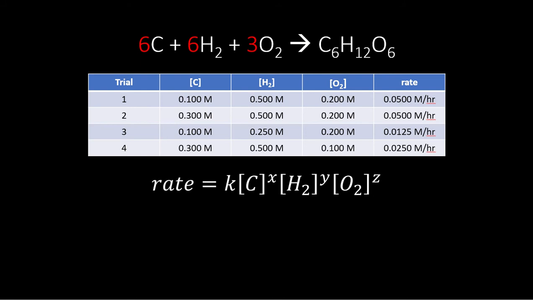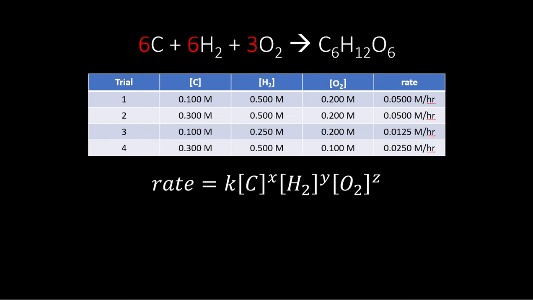So these instantaneous reaction rate problems are going to involve sets of data like this, where essentially you have a list of the different reactants and their concentrations at different trials. And these are the concentrations at the beginning of all these chemicals coming together.